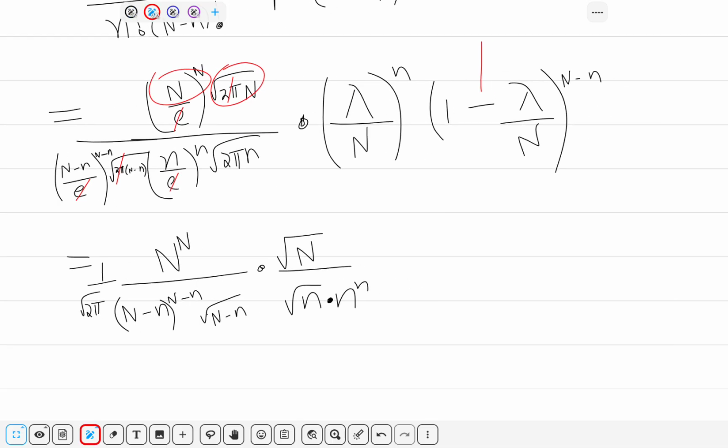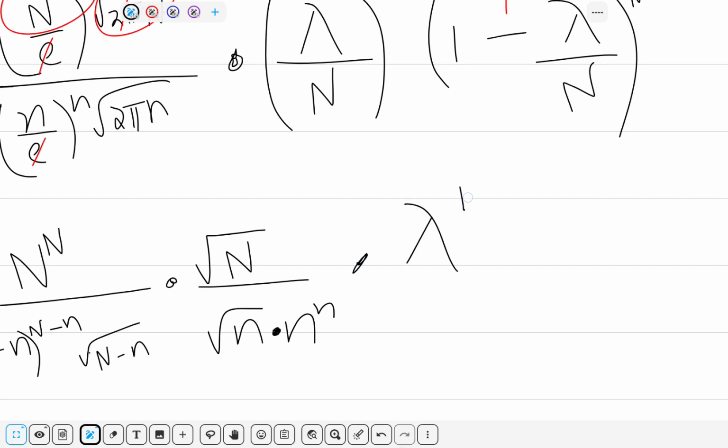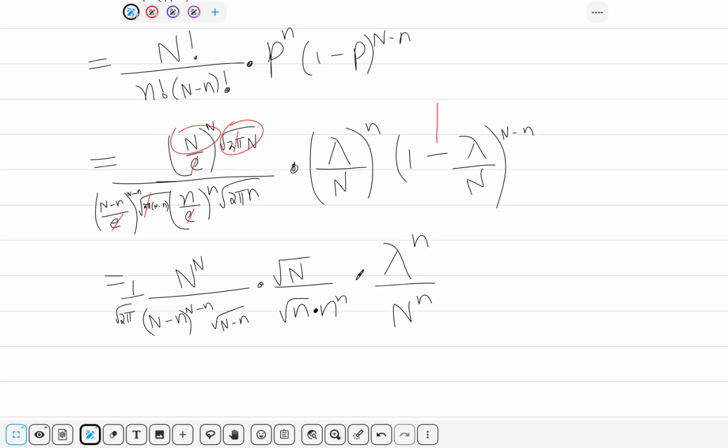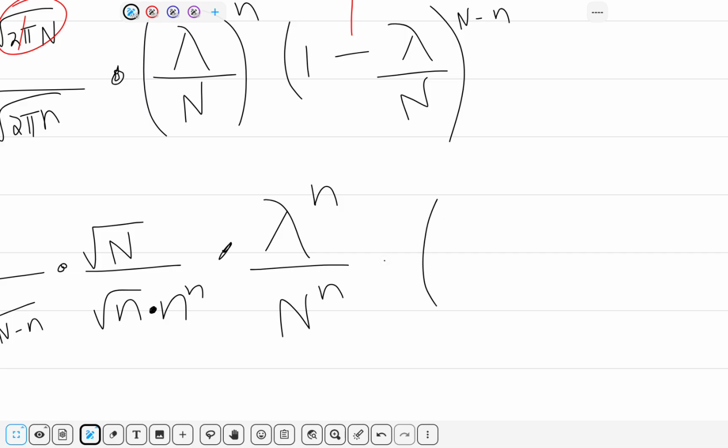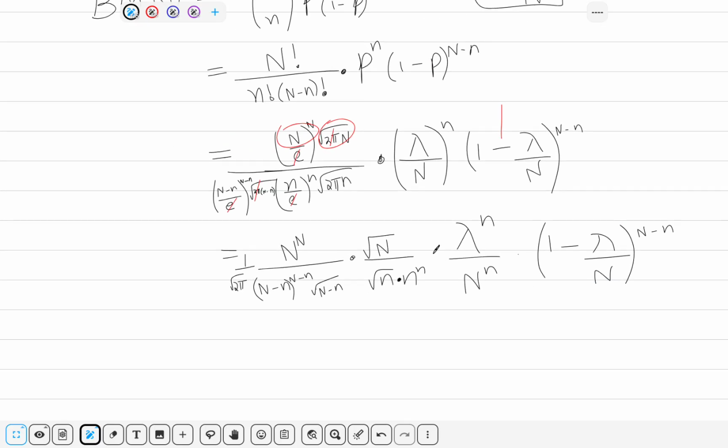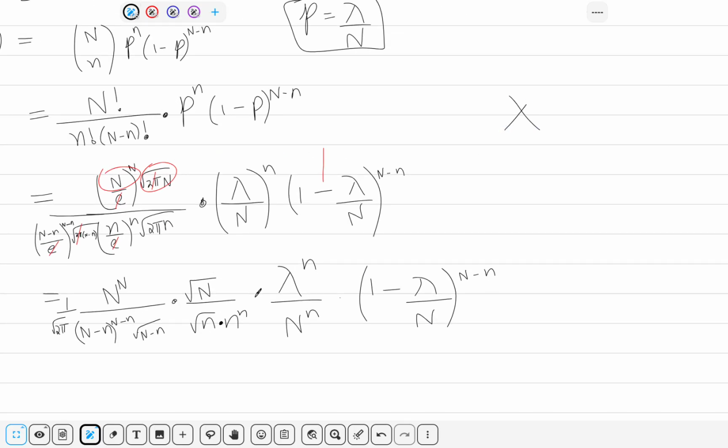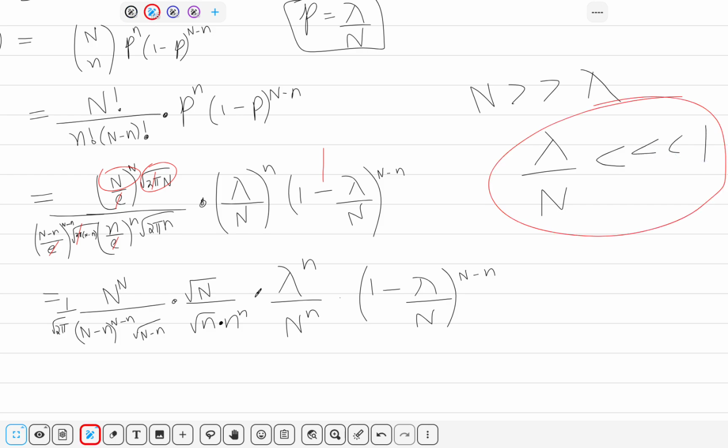Here we have lambda power n power n divided by 1 minus lambda by n minus n. Not to forget that lambda is way smaller than n, so n is way greater than lambda, so lambda by n is way lesser than 1. I think this is one of the crucial assumptions we are taking.